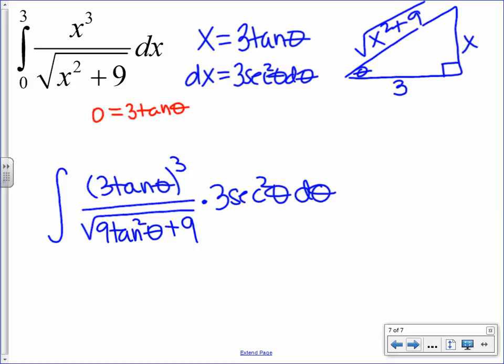What is theta? We have 0 equals 3 tangent theta. When is tangent 0? Right there.